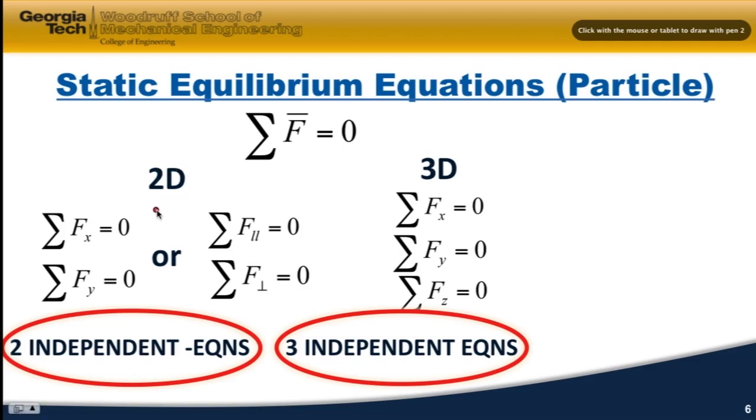In 2 dimensions, we can break that down into scalar equations for 2 orthogonal directions. We might use x and y coordinates, or we might use parallel and perpendicular components. But we'll only come up with 2 independent equations in that case. In 3 dimensions, we'll have 3 independent equations, a balance of forces in the x, y, and z direction.